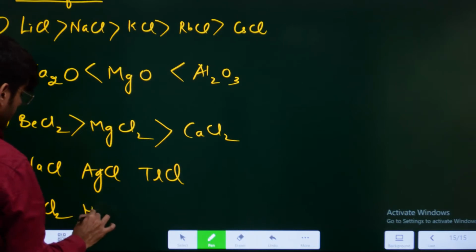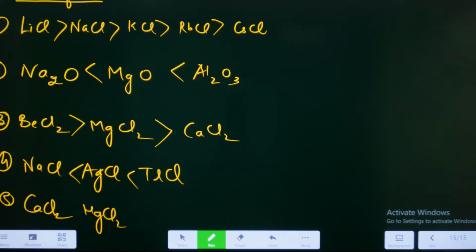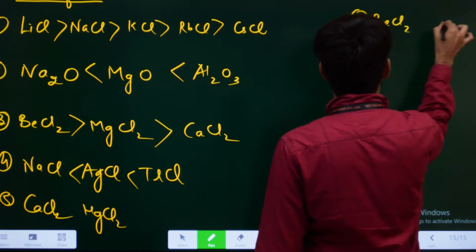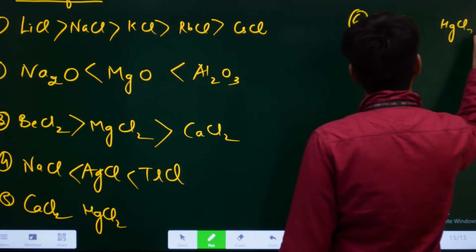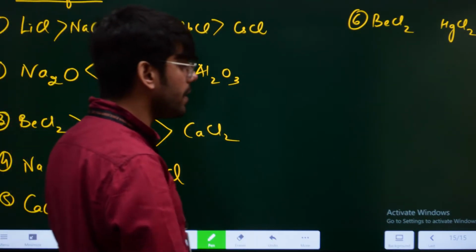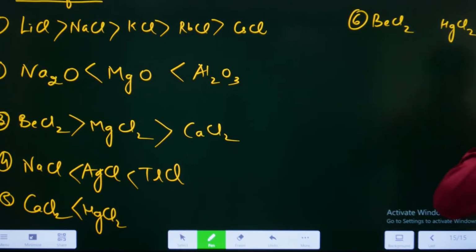CaCl2, HgCl2, very quickly. What about this? Tell me. Not CaCl2, it is HgCl2. I told you Hg2+ is having the pseudo-noble gas configuration.